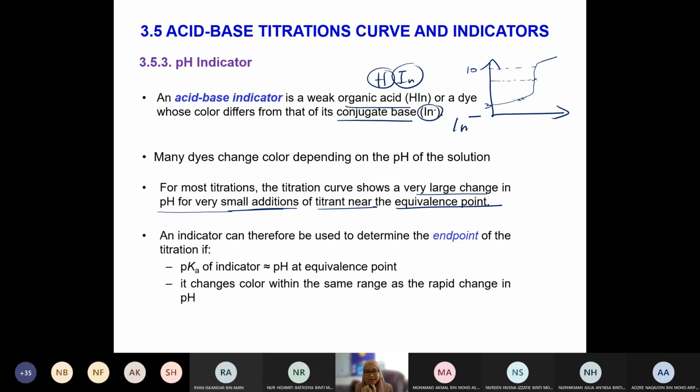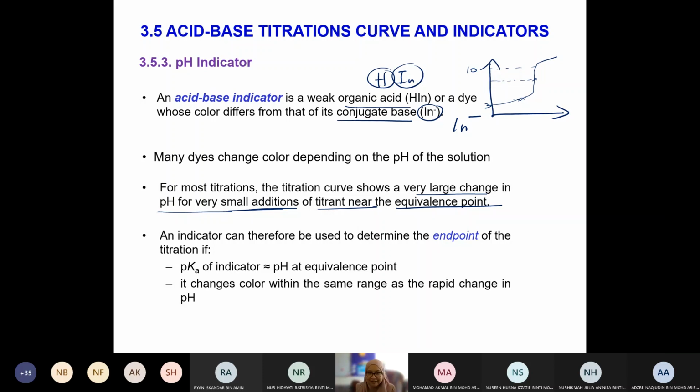Okay, so maksudnya at equivalent point dia sepatutnya colourless sebenarnya. Okay, ataupun kalau kita nak stop the reaction, it should be very very pale pink. Pale tau, macam pucat tapi dia permanent, dia tak berubah dah colour kepada colourless tu.